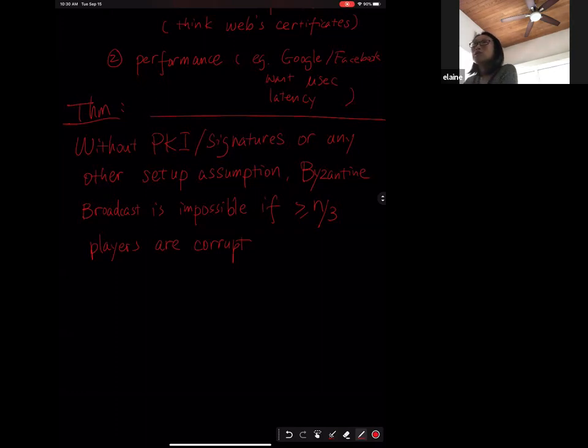The best you can do is to tolerate strictly fewer than 1/3 corruptions. This is also actually tight, because in the next lecture, we will learn an upper bound. We are going to learn a consensus protocol that doesn't make use of PKI or signatures, and it can be secure against strictly fewer than 1/3 corruptions.